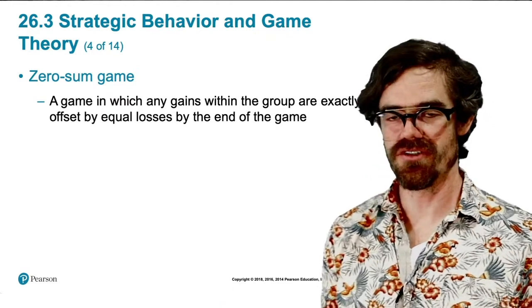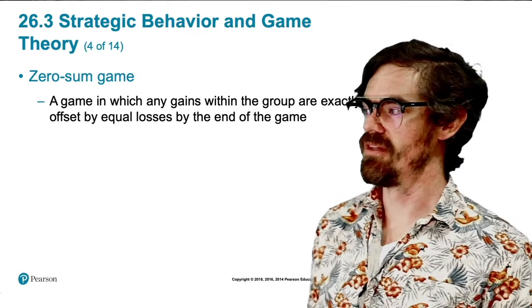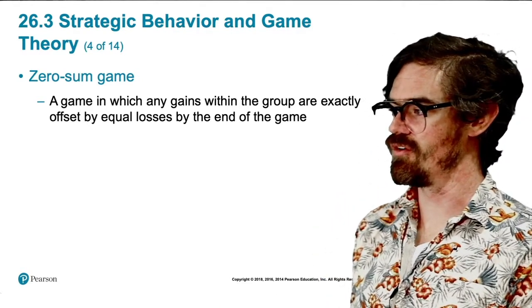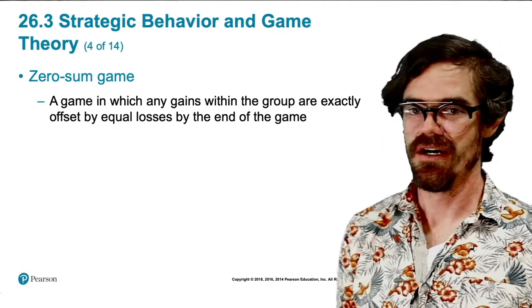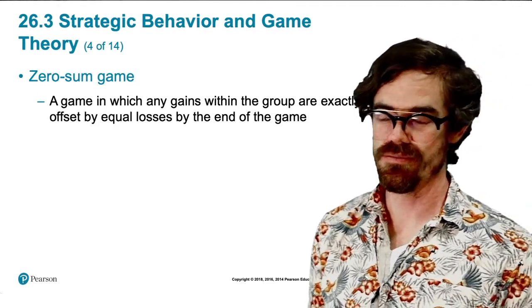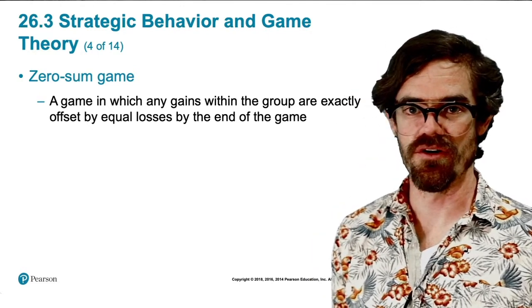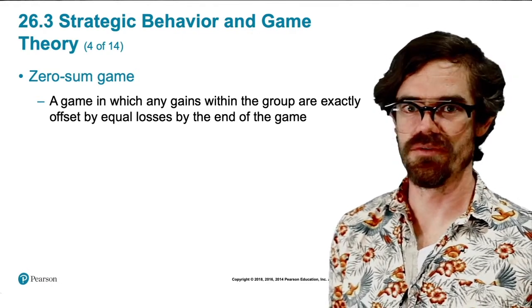And there's also something called a zero-sum game, which is kind of related to these ideas. But this is basically a game in which any gains within the group are exactly offset by equal losses by the end of the game. So tic-tac-toe is an example, right? If you play tic-tac-toe, there's really only three outcomes, I guess, or two, depending on how you look at it.